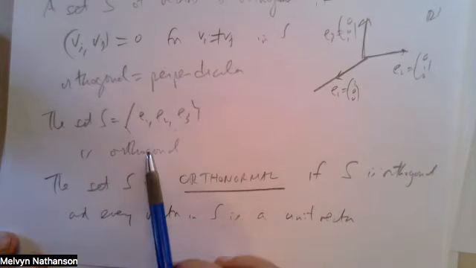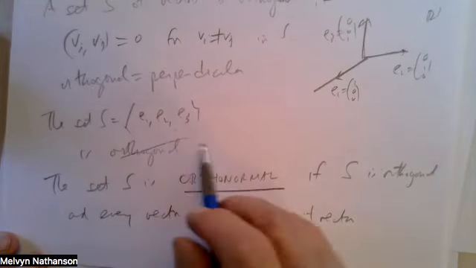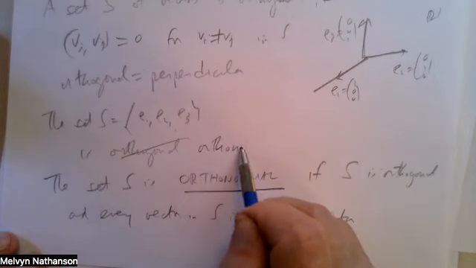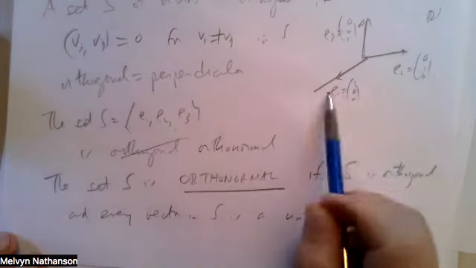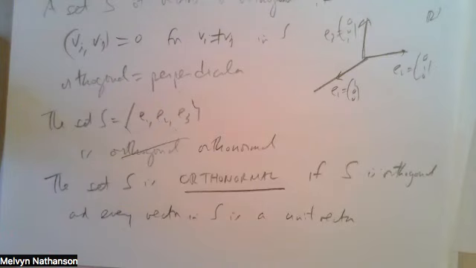So this set is not only orthogonal, I can actually say this set is orthonormal because each of these vectors has length 1.